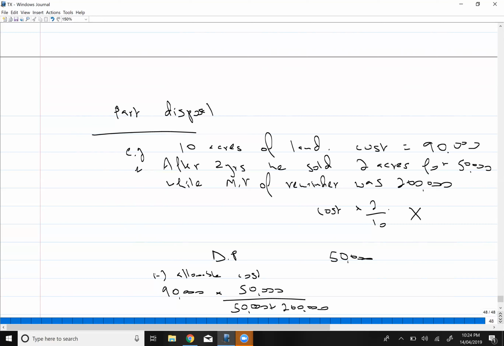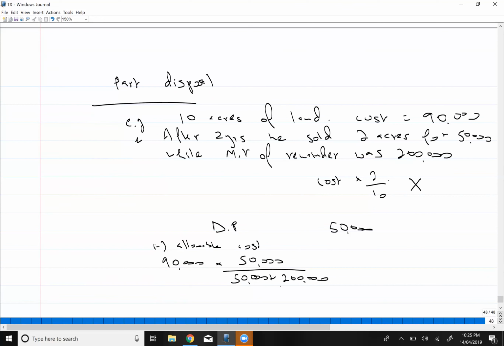Now you're selling 2 acres out of 10 acres, so remaining acres will be 8. So in the denominator, you will take DP plus the market value of the remaining asset at the time of disposal.